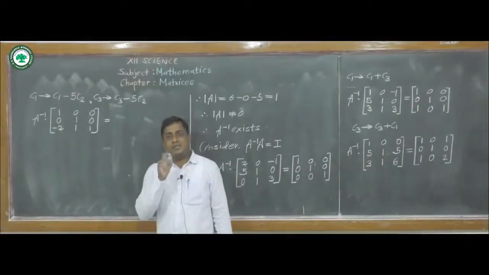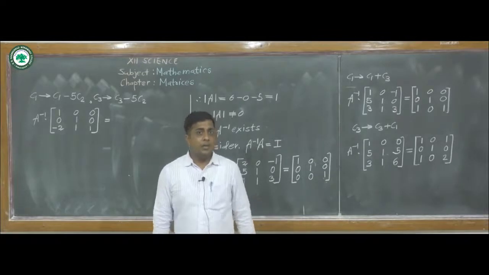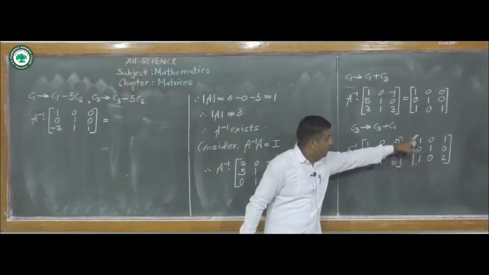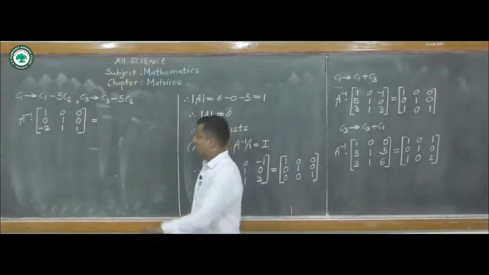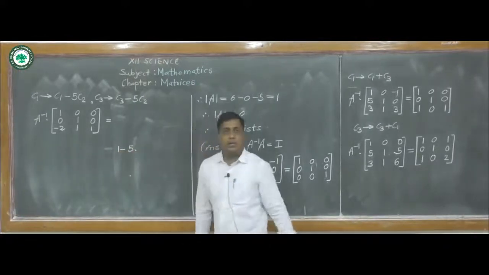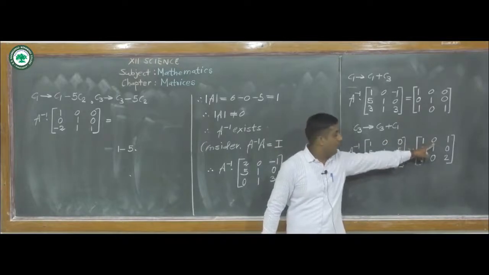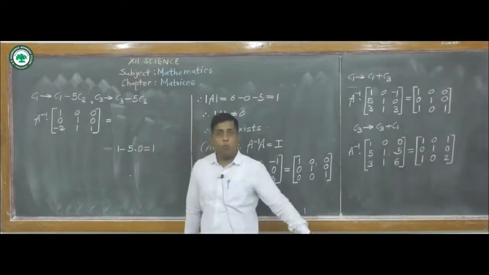Okay. Now we perform the same transformation in RHS. Here in RHS, firstly we change the first column. In the first column, the first element is 1 with minus 5 into the first element from column second, which is 0. So 5 into 0, and this is equal to 1.